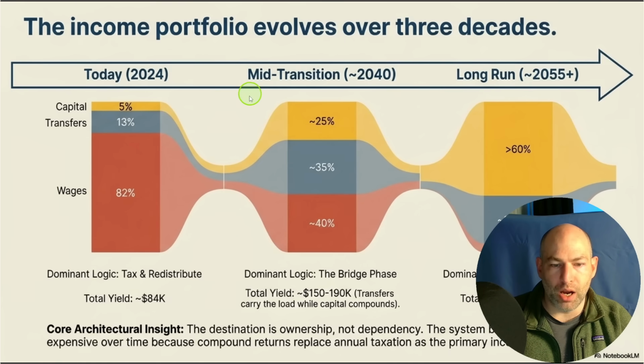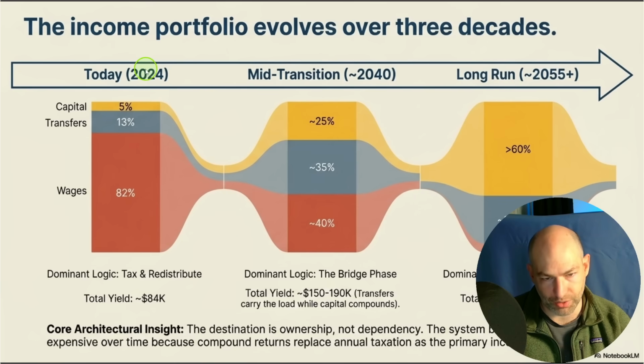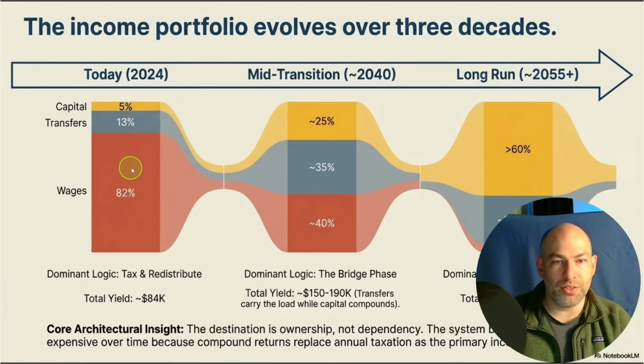Now, when we talk about the long term, this is really kind of what we're talking about in terms of what the transition is going to look like. So today, as of the latest data that we have, which is 2024, but it hasn't really changed much, capital makes up 5% of household income, transfers are 13%, and wages are 82%. As wages go away, then something will need to expand to take that.